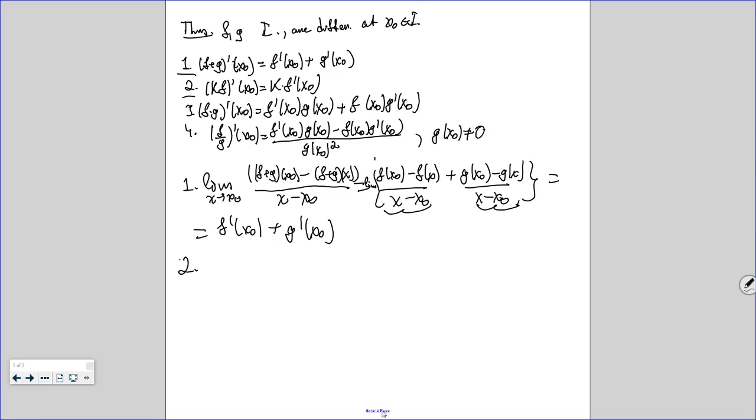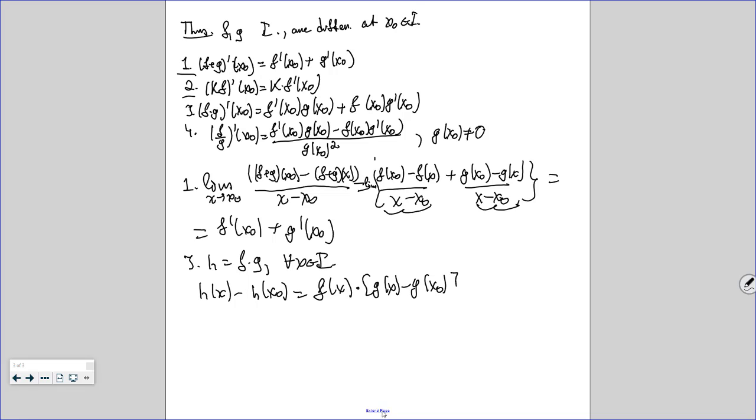Now let's prove the product rule. To prove the product rule, let's define a function h which is equal to f times g for all x in I. Then h(x) minus h(x0) is equal to f(x) times (g(x) minus g(x0)) plus g(x0) times (f(x) minus f(x0)).